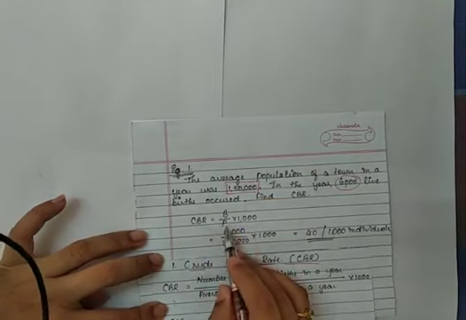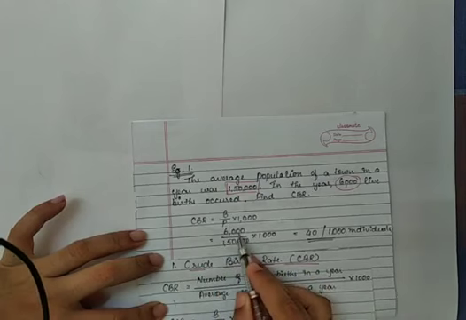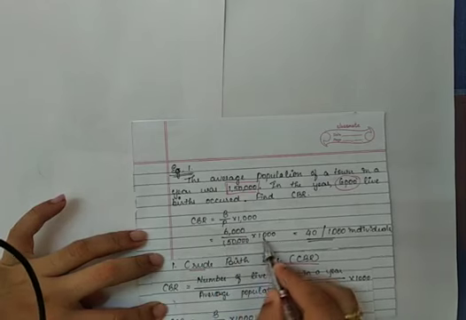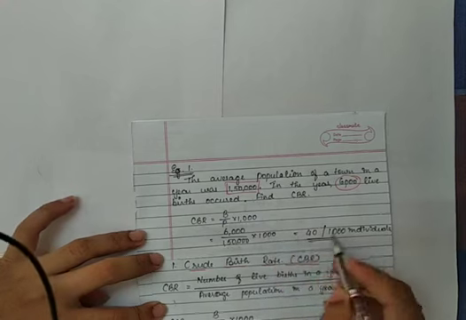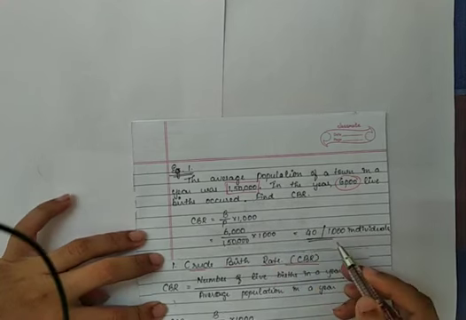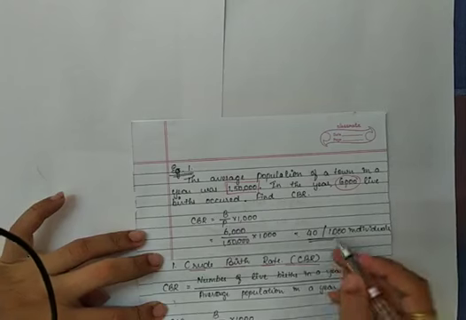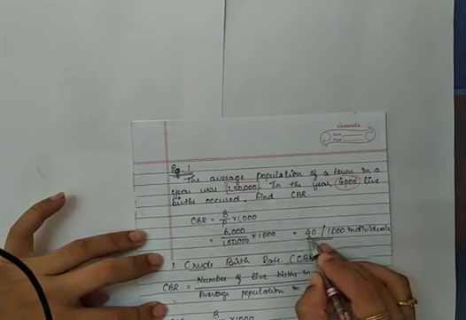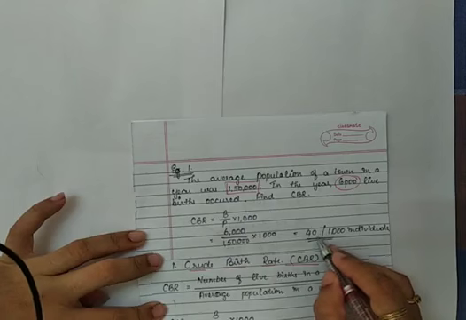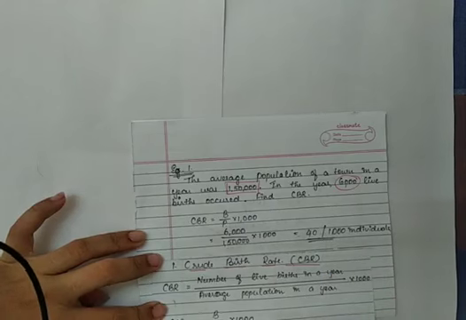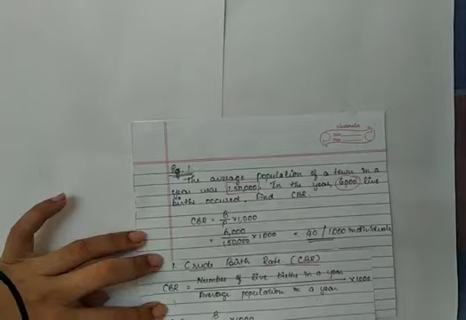So CBR is equal to B by P into 1000. That is 6,000 divided by 1,50,000 into 1000. The answer will be 40. So this 40 is referred to as 40 childbirths per 1000 individuals.